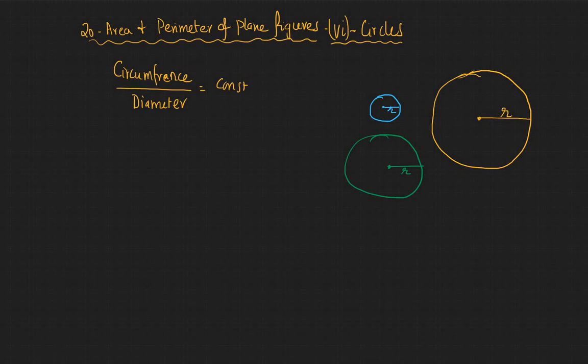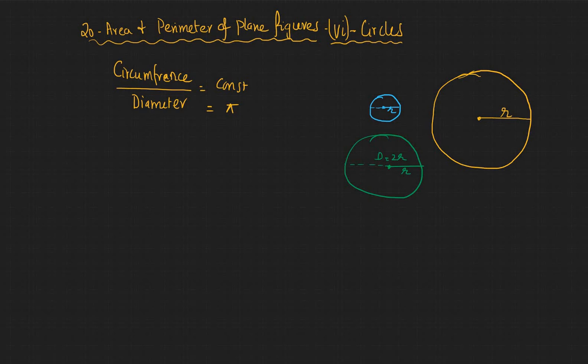If this is your radius, the diameter would be the whole length, so it'd be 2 times the radius. This is an interesting property of a circle. This constant is given by pi, and for all circles the circumference by diameter is equal to pi.